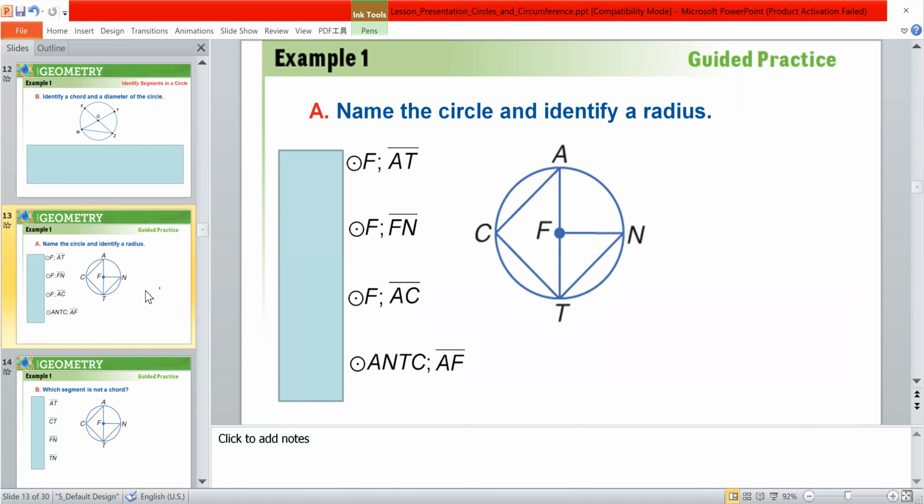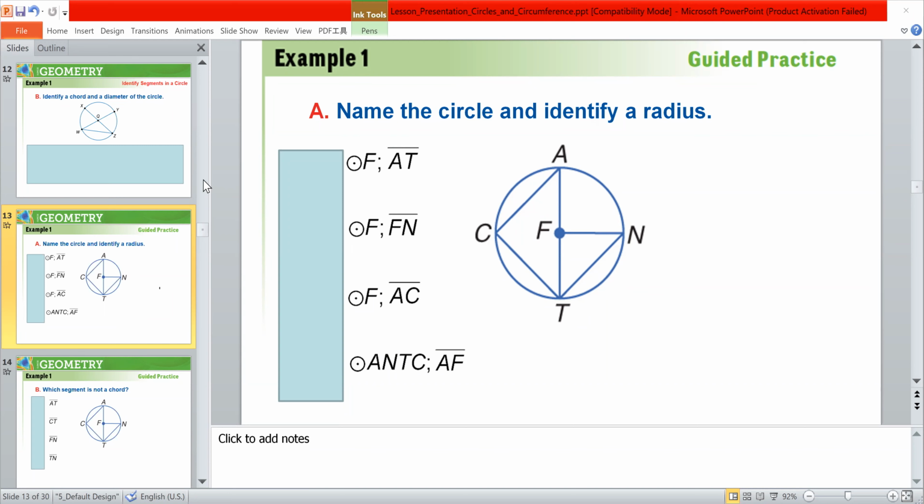Okay, pay attention with me. Name the circle and identify the radius. I'm going to Naif. Yes, Naif. I need to name the circle and to identify a radius.